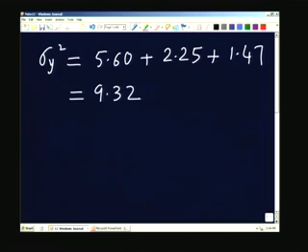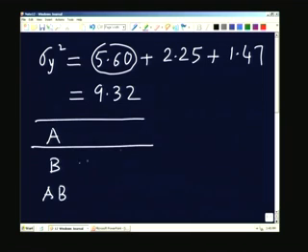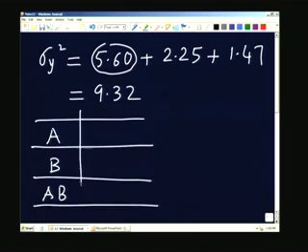So, what I can do now is take the ratio of each one of these with respect to the total, and that will give you the percentage effect of the particular factor on the outcome of the experiment. Therefore, I can say A, B, AB, another way of writing the percentage effect. The effect is measured by the contribution to the variation.